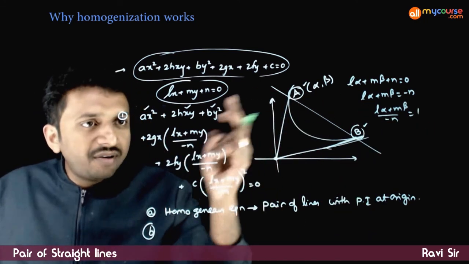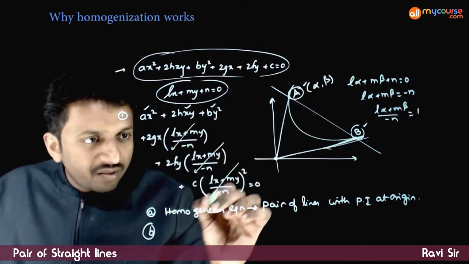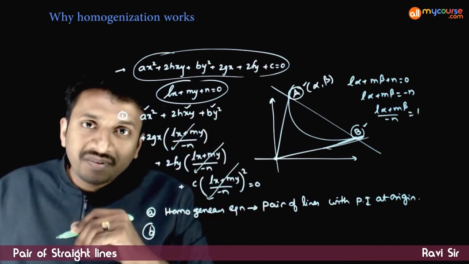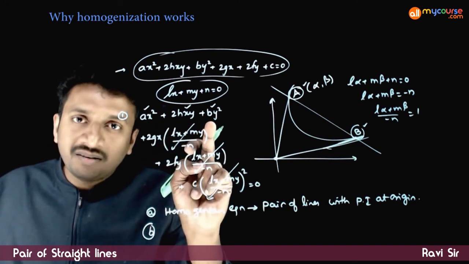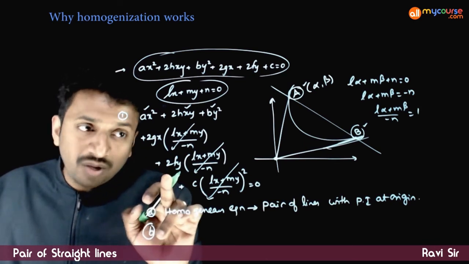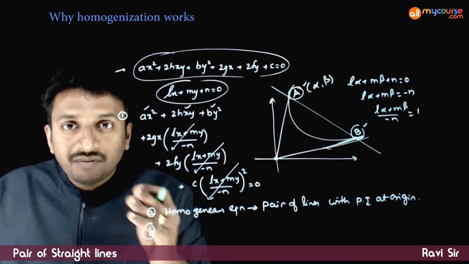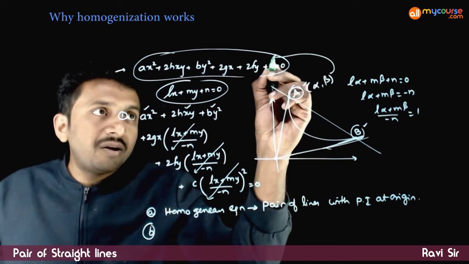So if you substitute alpha comma beta in this equation, these terms will become equal to 1. And what you're left with is a alpha square plus 2h alpha beta plus b beta square plus 2g alpha plus 2f beta plus c, which is equal to 0 because alpha comma beta is also a point on this curve.